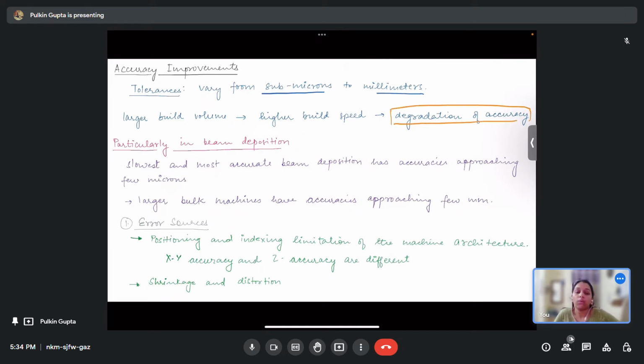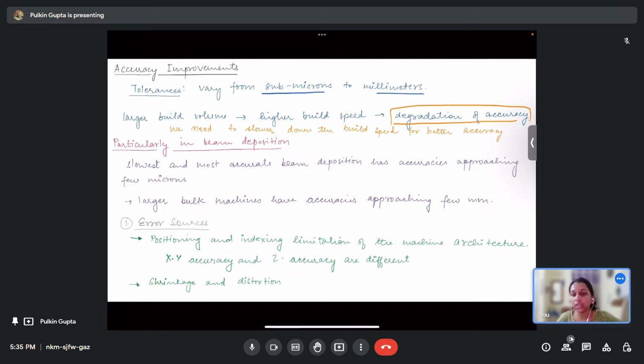Whenever you need higher accuracies, you need to slow down the build speed for better accuracy, as the machine will get more time to accurately machine the component.